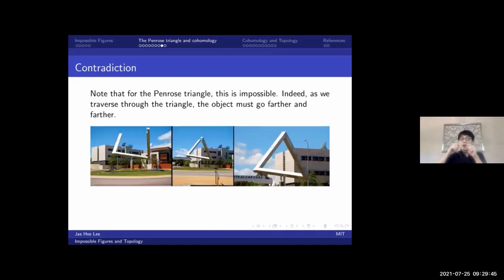So the distance of the point on the object from your eye is increasing as you go in this direction. And that's also true for this direction.